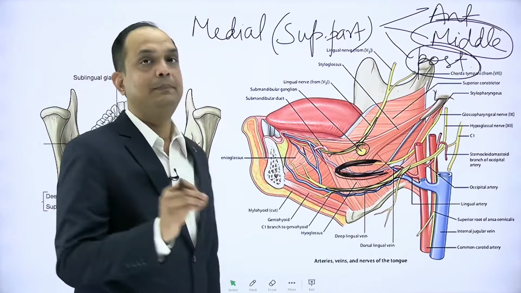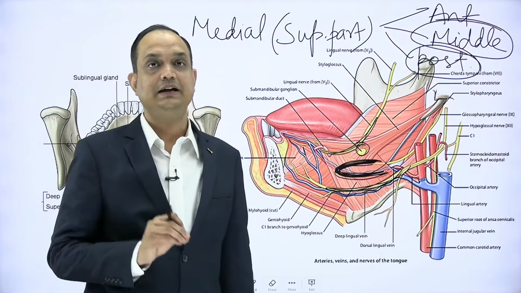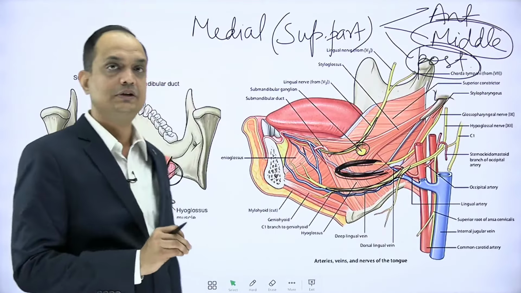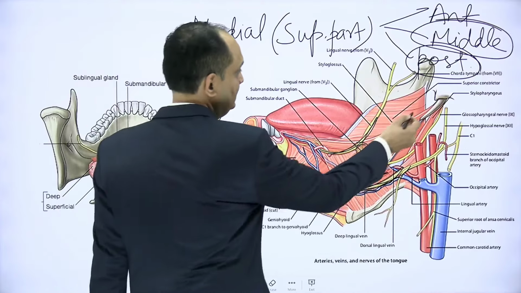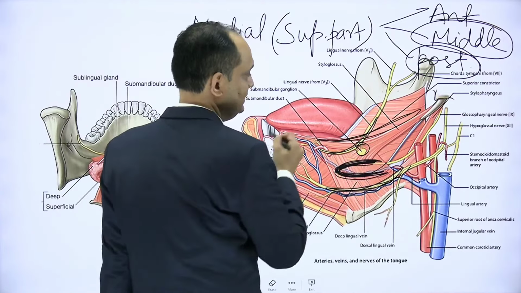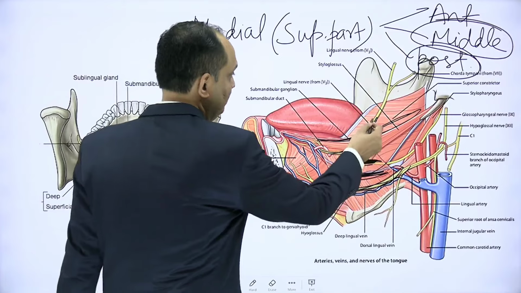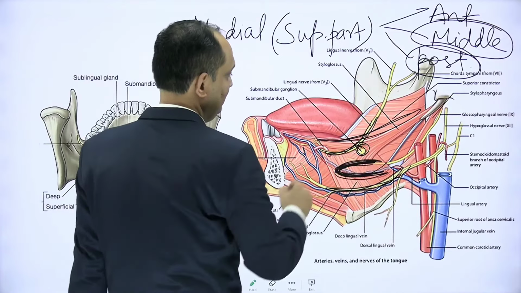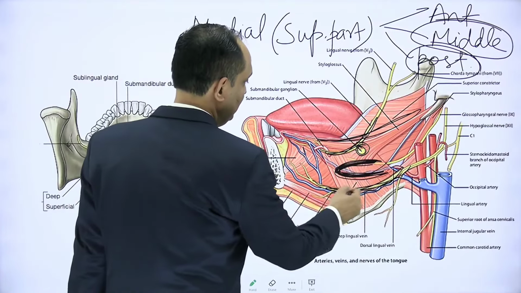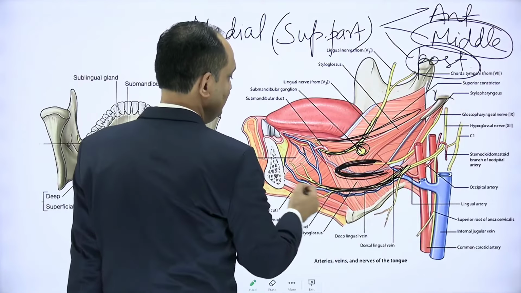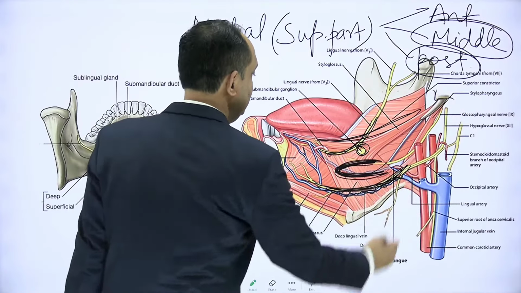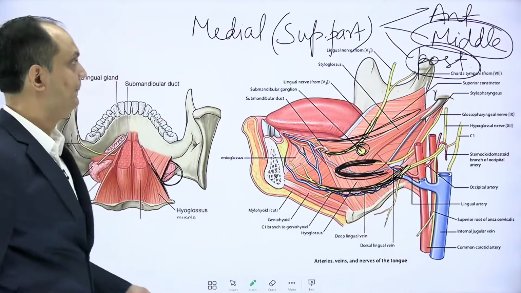This is the important thing to understand, and whenever you are reading the relations, keep in mind that superior-most is the styloglossus, then you will have the lingual nerve with the submandibular ganglia, and below you will have the 12th cranial nerve, that is the hypoglossal, along with the deep lingual vein.